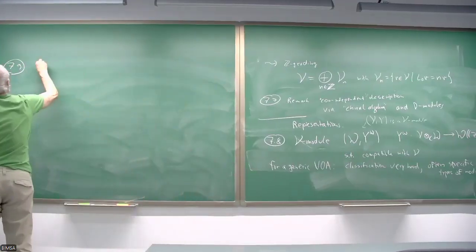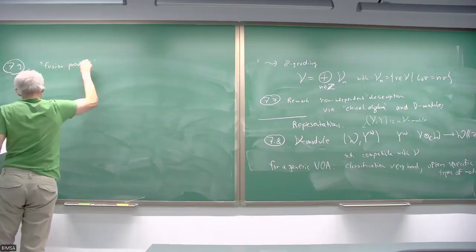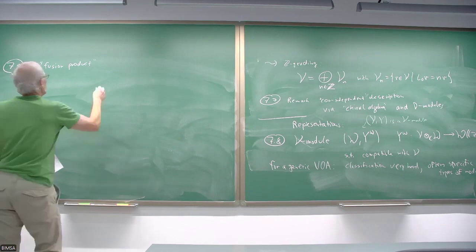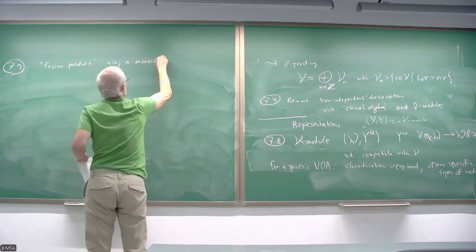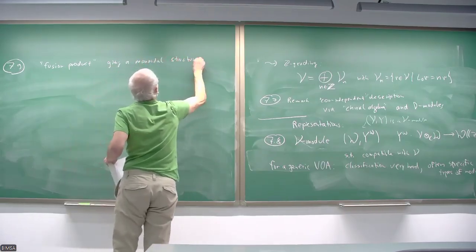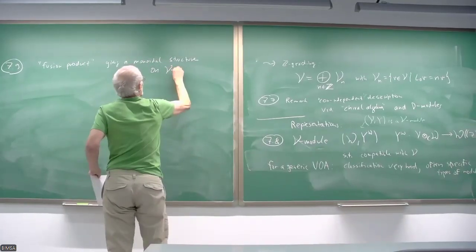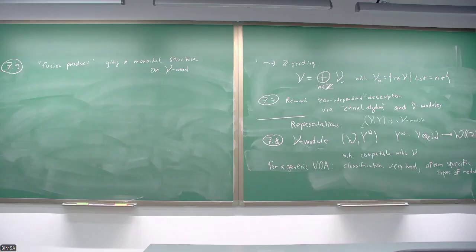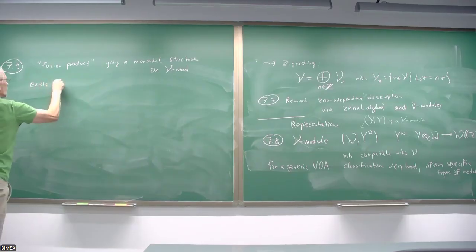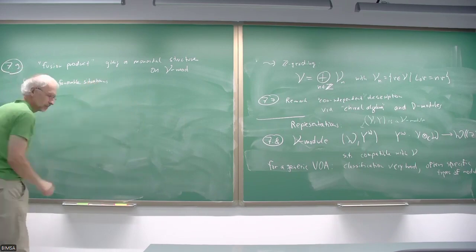And indeed, one can define what is sometimes called a fusion product of representations, giving a monoidal structure on the category of V-modules, where the monoidal unit is just V itself. Under certain conditions, one can define this.